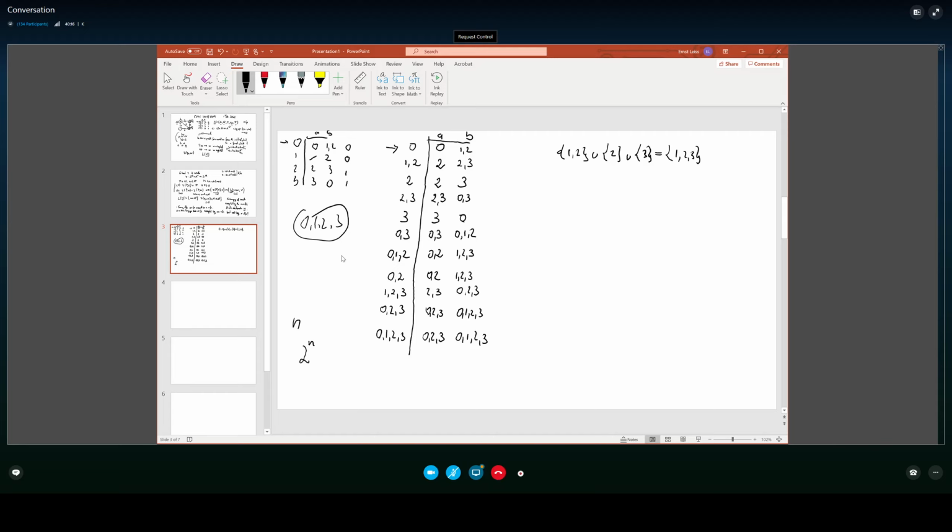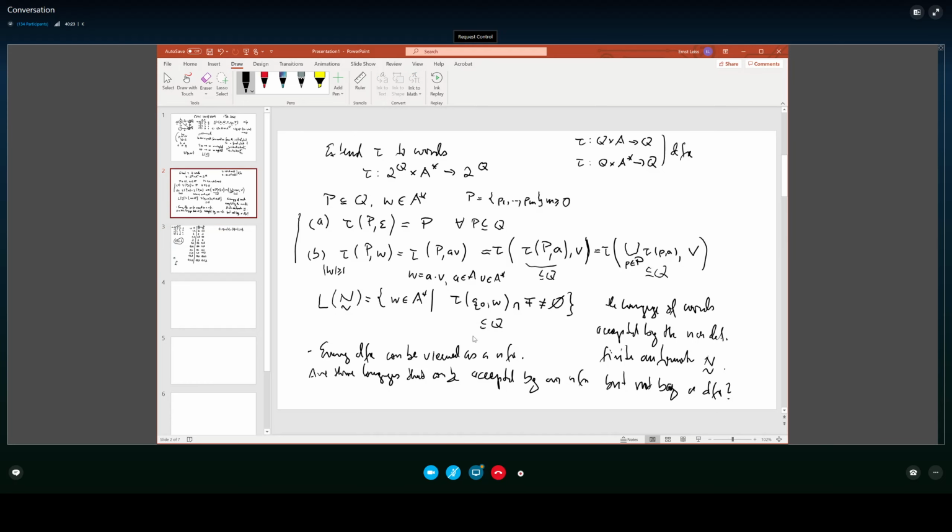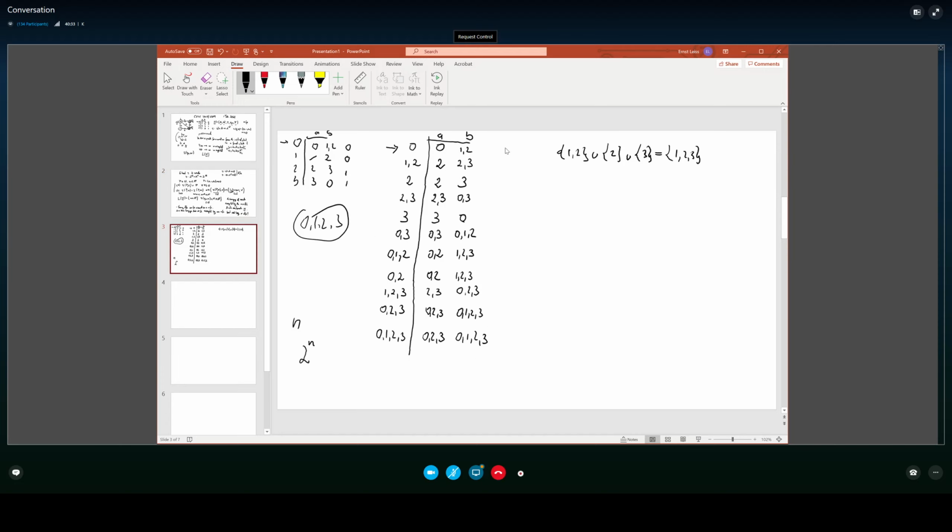And the only thing that is missing is to determine what is a final state. Well, we know already what that is. We test, does it contain a final state of the non-deterministic finite automaton? If it does, we will call that new state accepting.